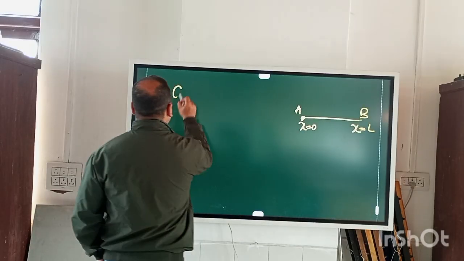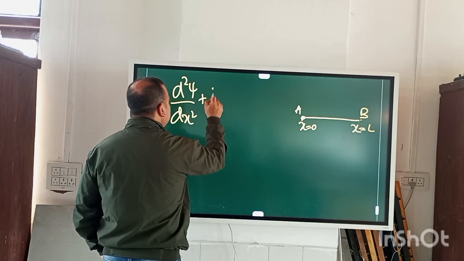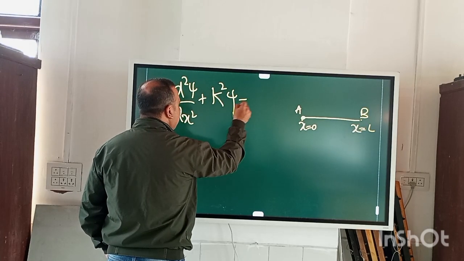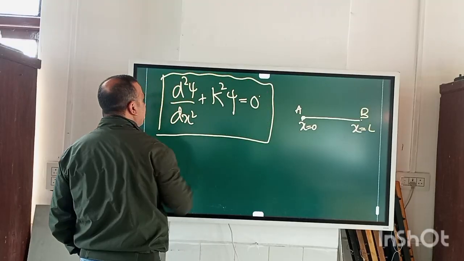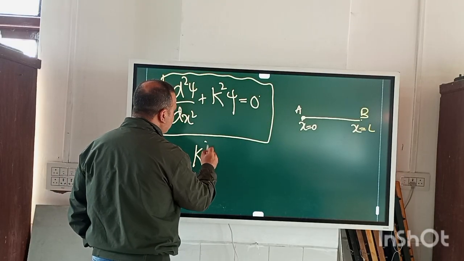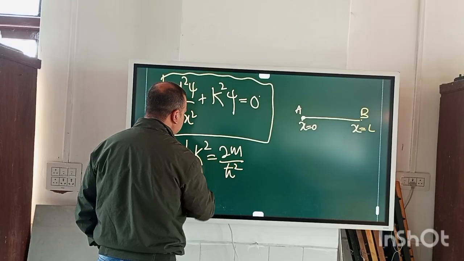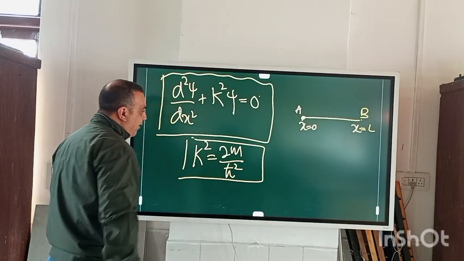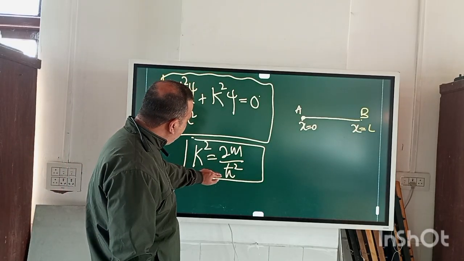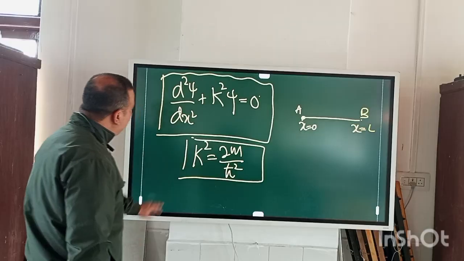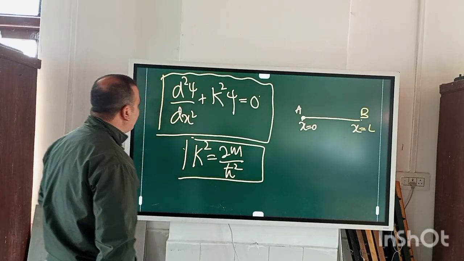So if I write down the equation d²ψ/dx² plus k²ψ equals 0, and this k² we have chosen equal to 2mE/ħ², where everything has its usual meaning. m is the mass of the electron, ħ is the reduced Planck constant, and k is a constant introduced in the differential equation.